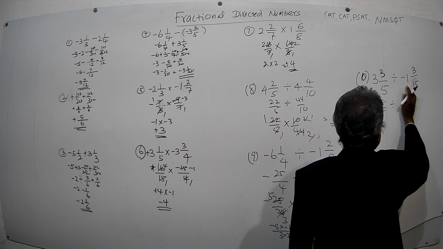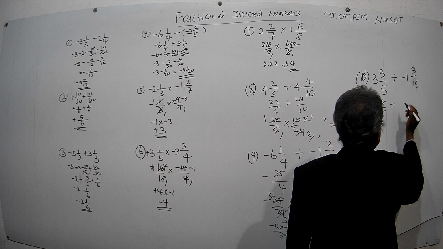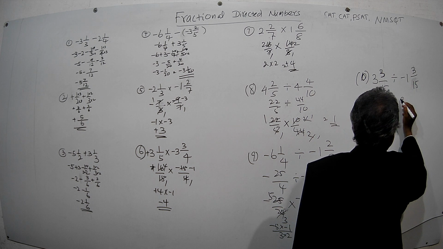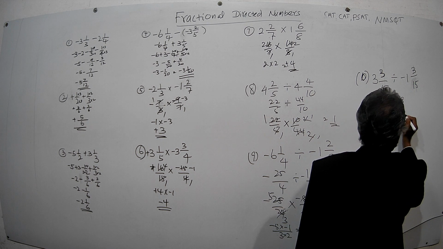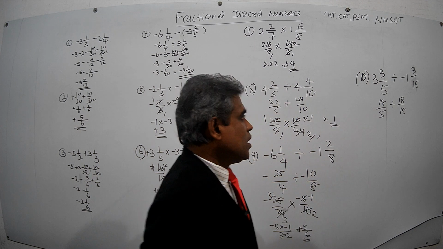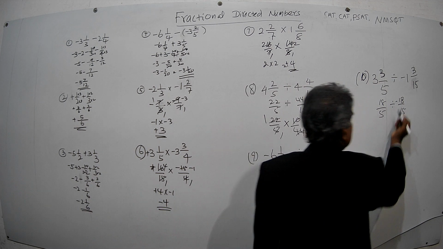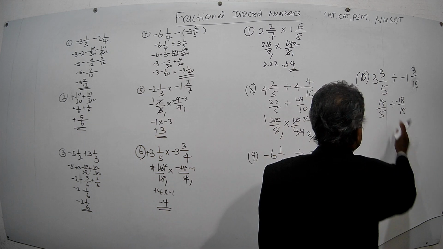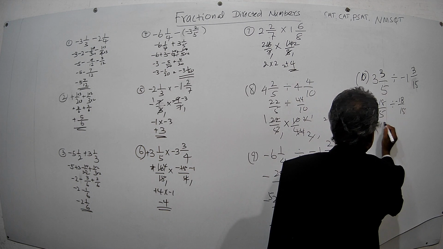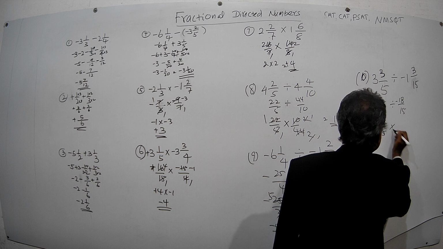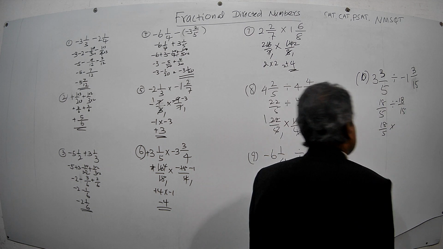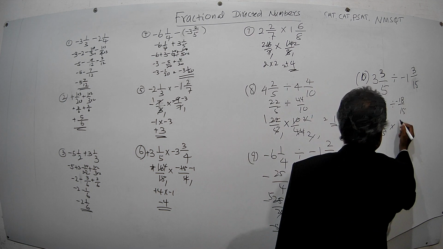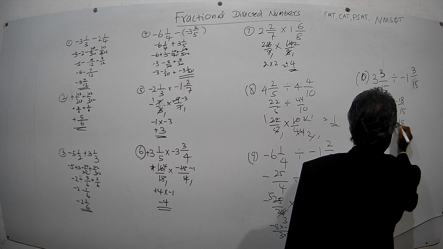Then 15 times 1 plus 3, that is 18 over 15. Now this is negative, you have to convert this division into multiplication. Then it will be 18 over 5 into, turn the fraction after the division sign upside down, then you get 15 over 18 this way.